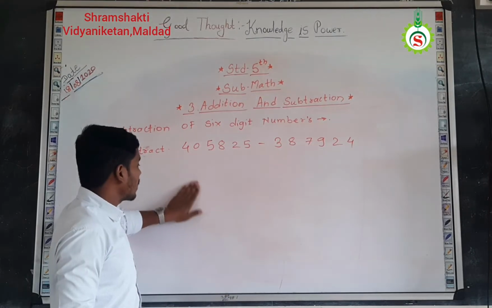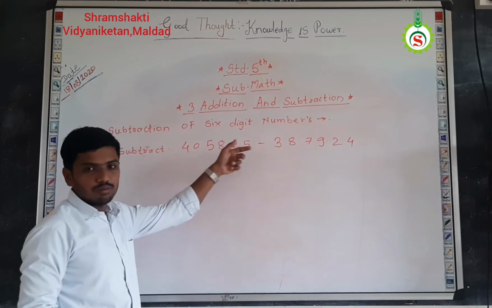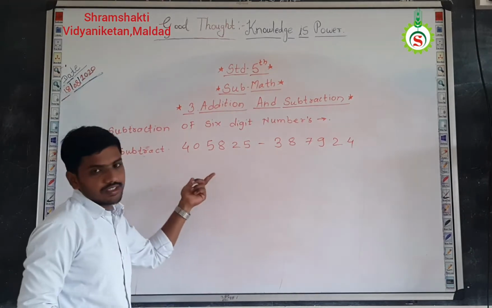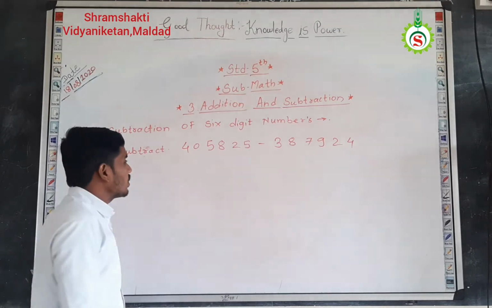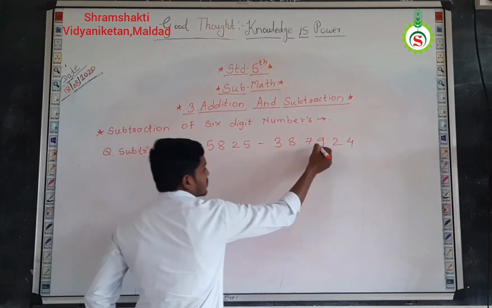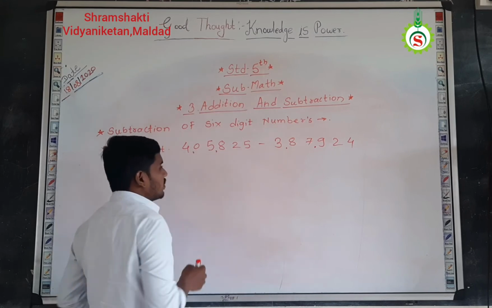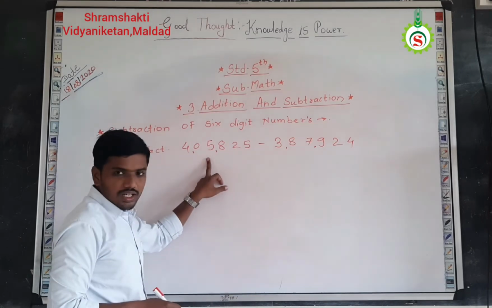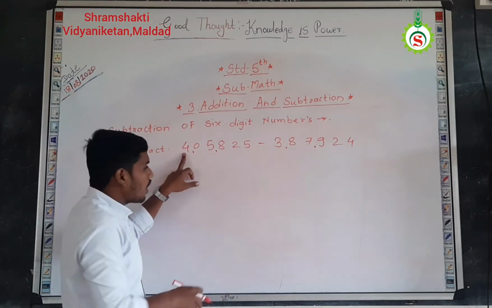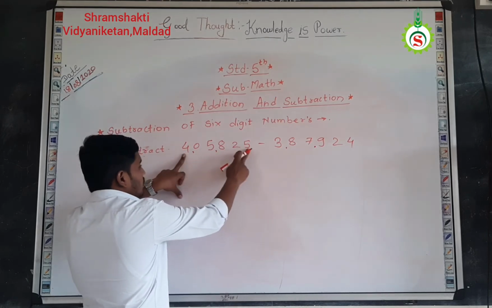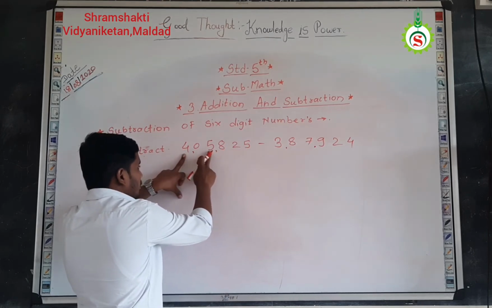Now if I am going to do the subtraction of both the numbers, that is the subtraction of 6 digit numbers. Okay. Now, which is the smaller number and which is the greater number? Obviously, the highest place is the lakh, after units, tens, 100, 1000, 10,000.